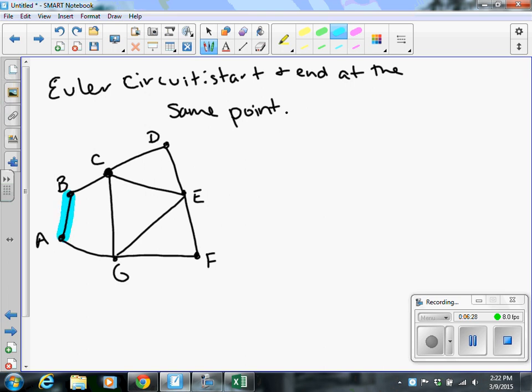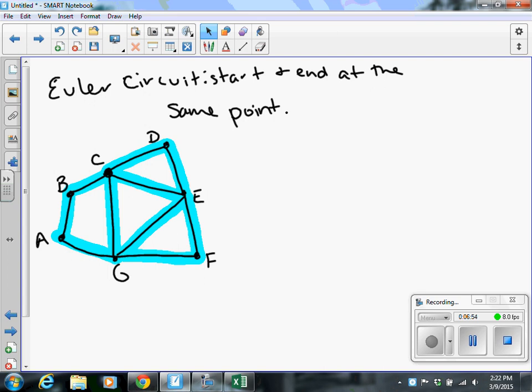A to B to C. Okay, I know that if I come back down, that's okay, because I've still got AG open. Then I'm going to go over to F, up to E, to D, to C, back to E, back to G, back to AG. So this one is in fact an Euler circuit.